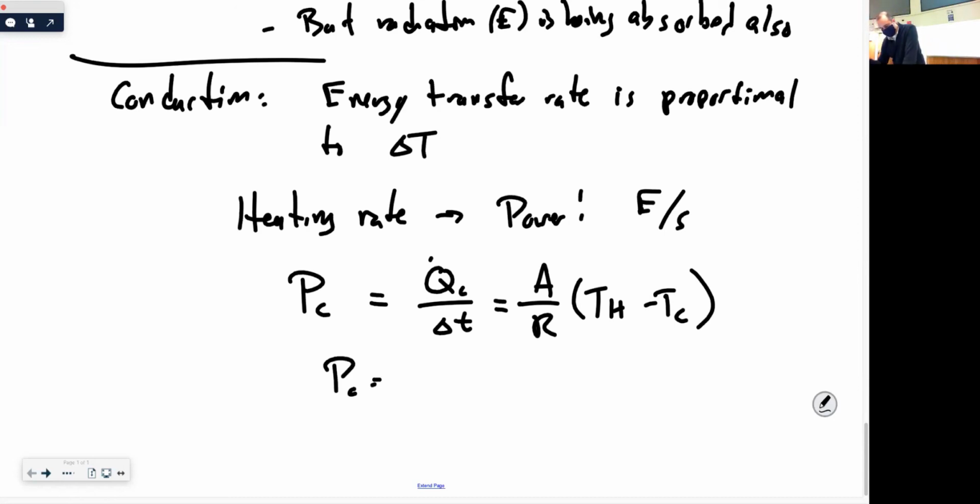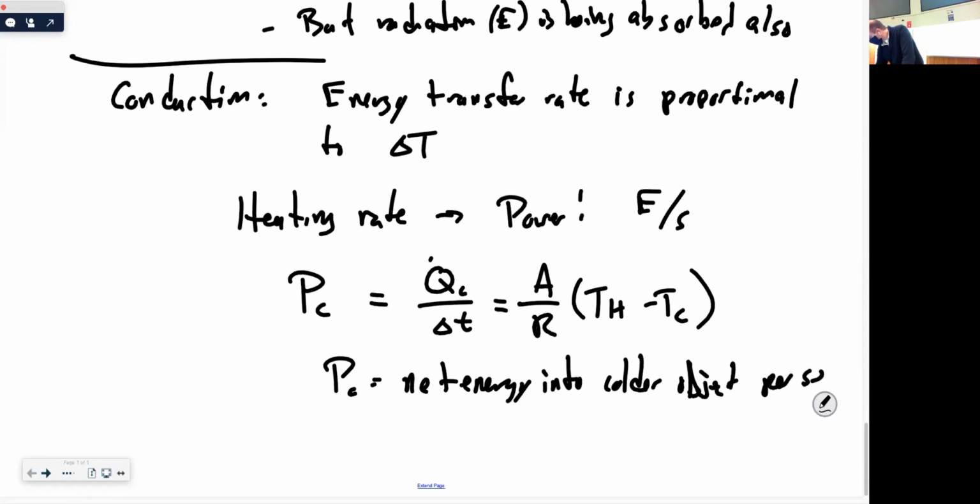P_C is the net energy into the colder object per second, or per unit time, it doesn't have to be a second. A is the surface area of contact.